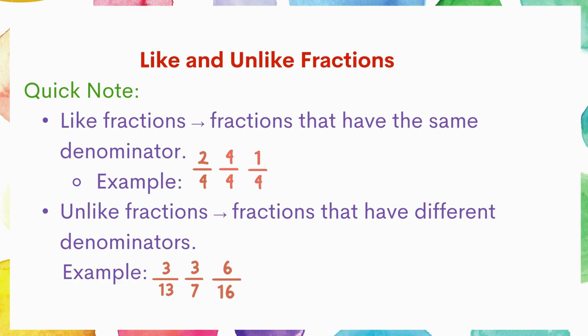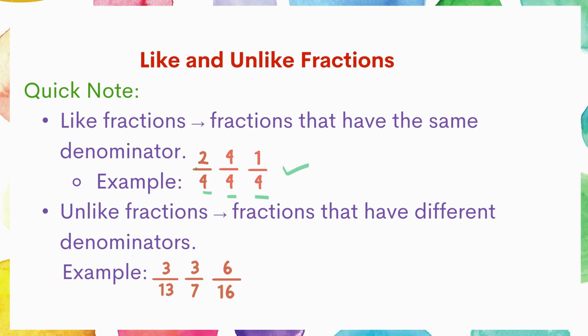Now we are going to learn like and unlike fractions. What are like and unlike fractions? What is the meaning and why are we using like and unlike fractions? Like fractions are normal fractions where the denominator has to be the same, so it will be a like fraction.